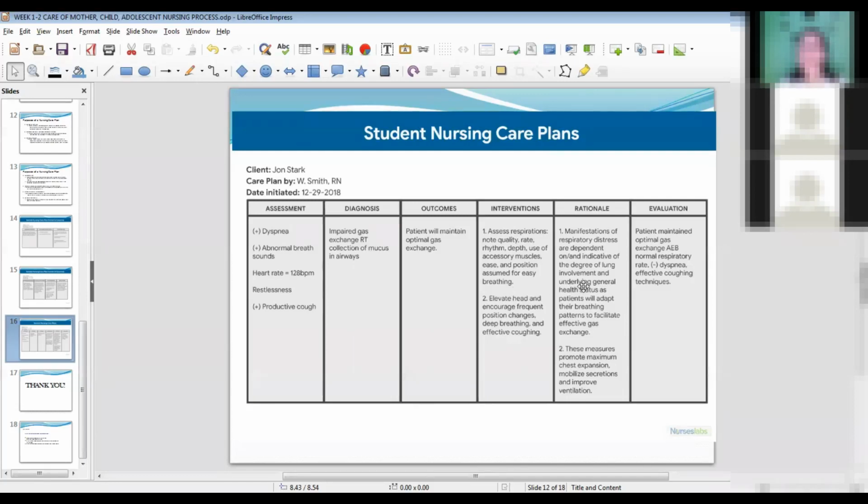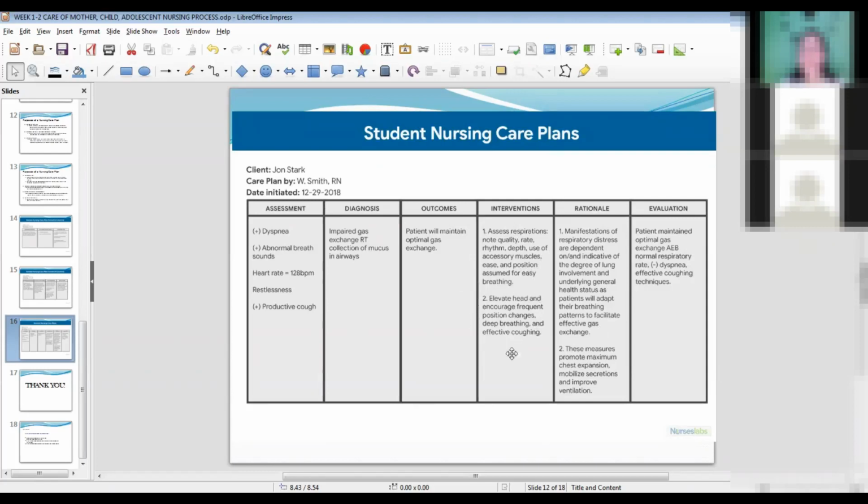So manifestations of respiratory distress are dependent on and indicative of the degree of lung involvement and underlying general health status as patients will adapt their breathing patterns to facilitate effective gas exchange. So this is the scientific rationale for the action performed by the nurse in the intervention.